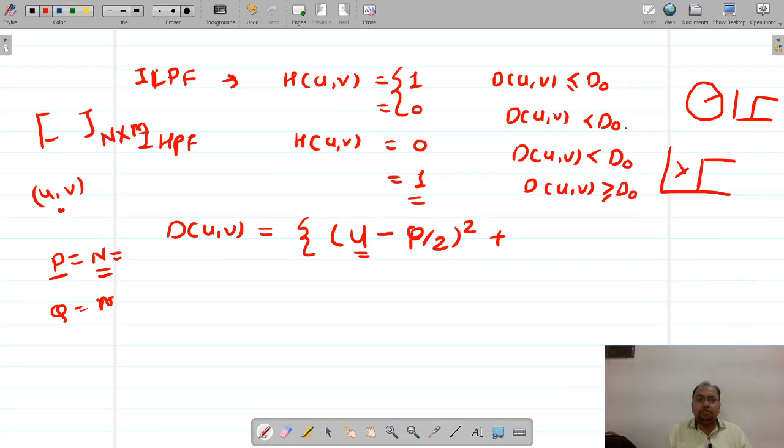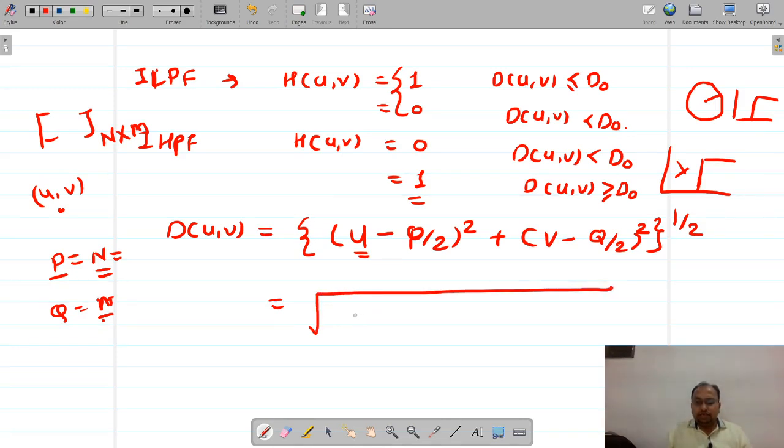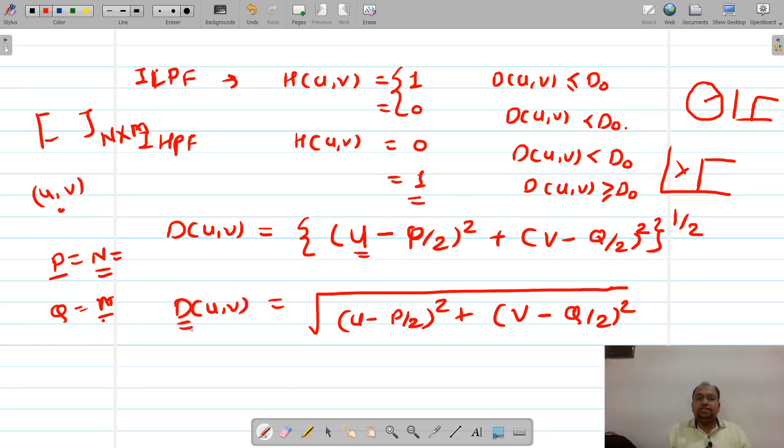So D of (u,v) equals the square root of (u minus number of rows divided by 2) whole squared plus (v minus number of columns divided by 2) whole squared, raised to the power half. So this is nothing but your Euclidean distance, and like that we can calculate the distance D of (u,v).